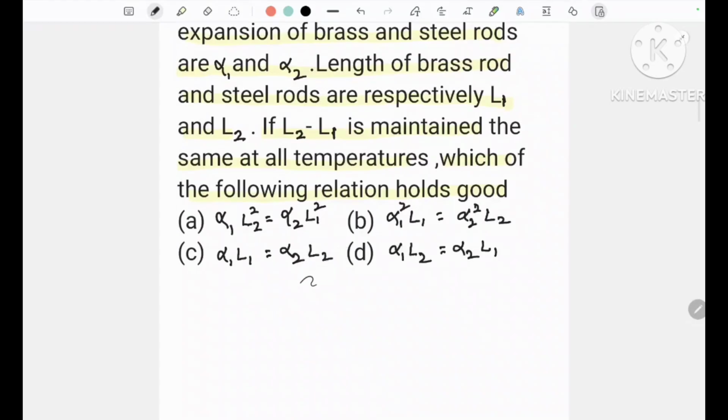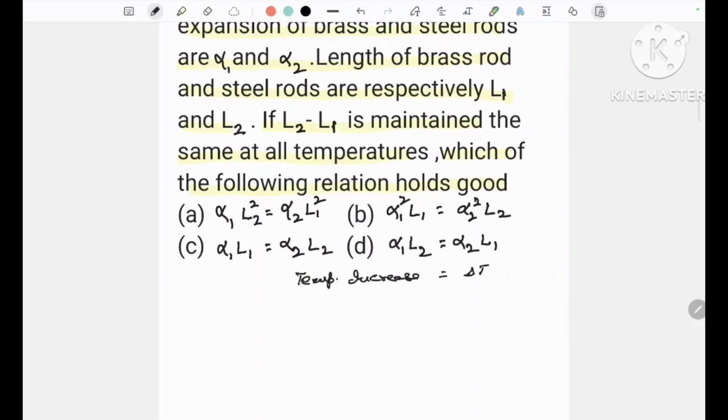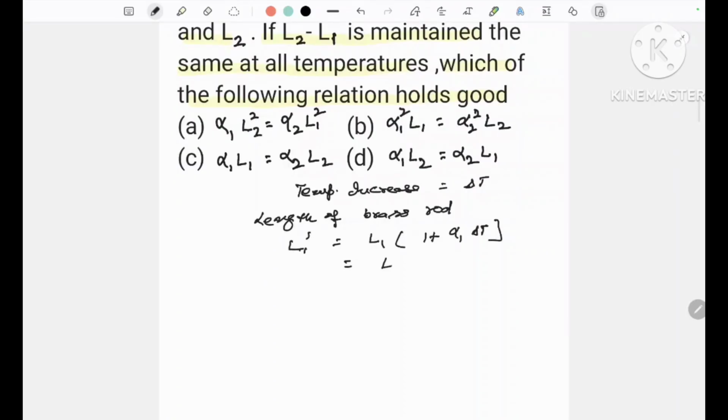Suppose the temperature increase is delta T. After increasing the temperature, the length of the brass rod will be L1 dash, and that will be L1 (1 plus alpha 1 delta T), or L1 plus L1 alpha 1 delta T, L1 dash.